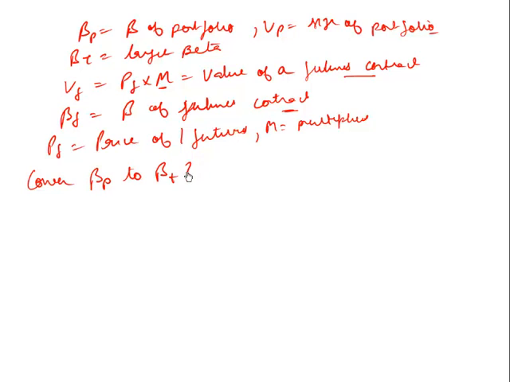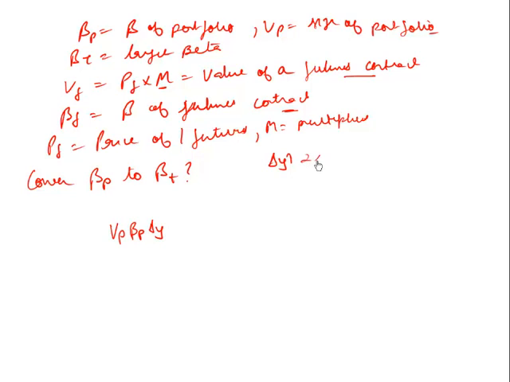Now beta is defined as the change in the value of a portfolio for a 1 unit change in the market, or for a delta Y change in the market. So if the market, let's assume, goes up by delta Y, at the moment what will be the change in the value of the portfolio? It will be Vp into beta p into delta Y.